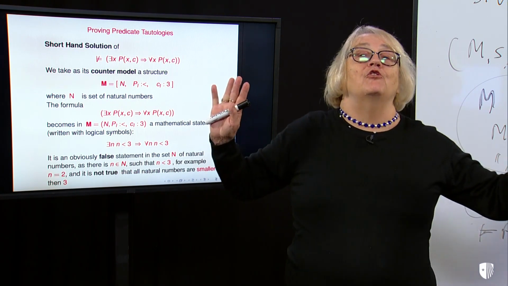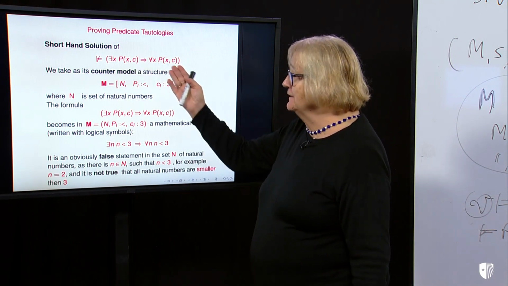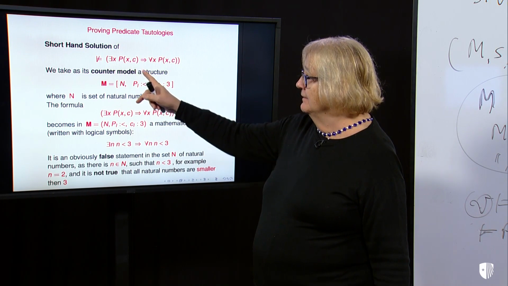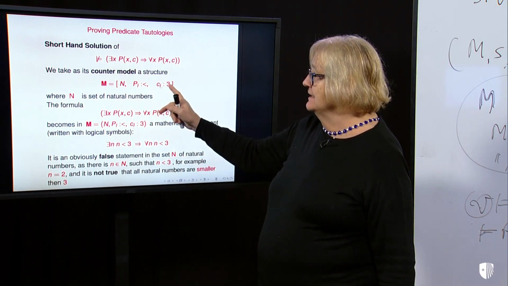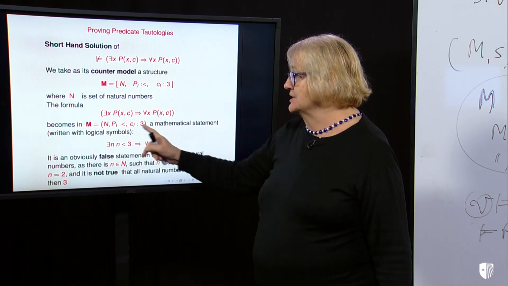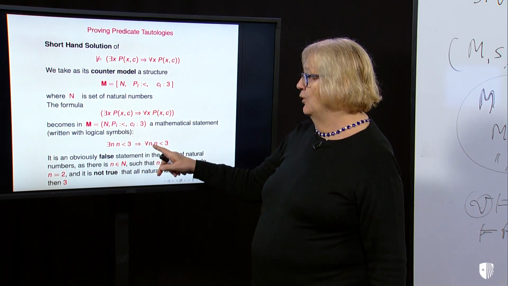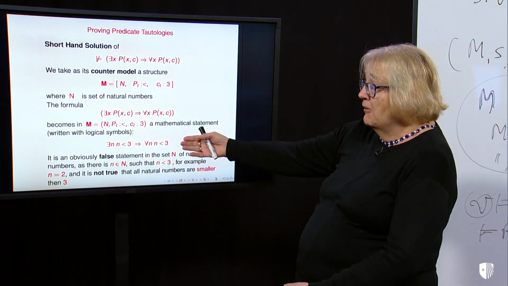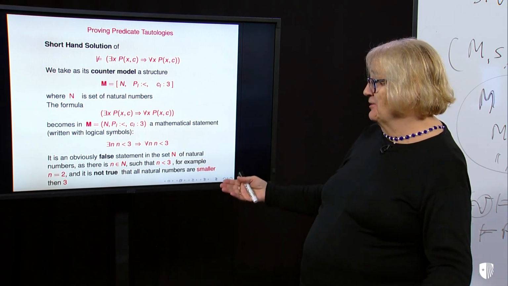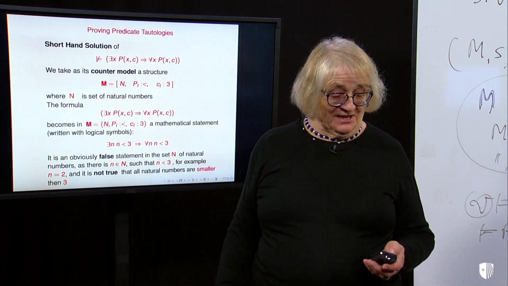And fortunately, we have a shorthand solution. We look at this, and we have N, P is less than, c is 3. So this formula becomes, in the structure: if there is n less than 3, then for all n, n is less than 3, which is obviously a false statement in the set of natural numbers, because, let's say, n equals 3, etc. So that is a shorthand notation.